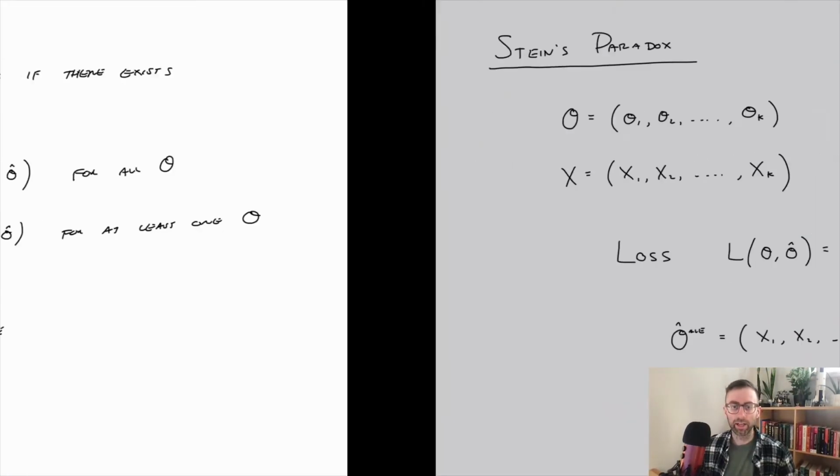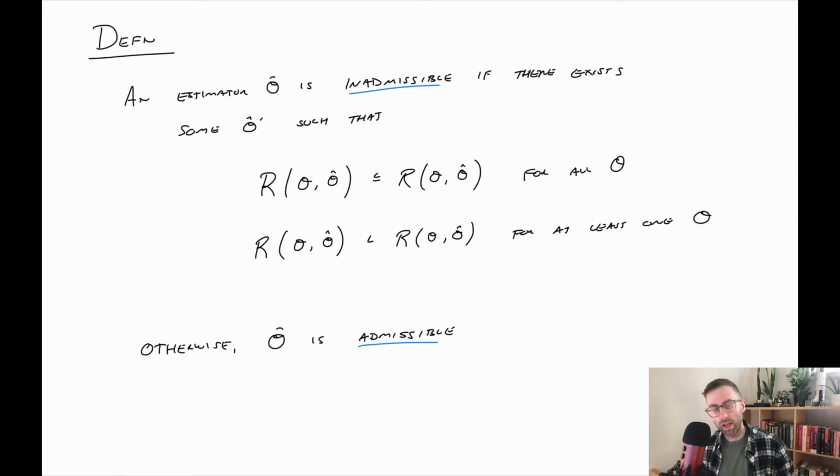But what we're defining here is this notion: we need a prime here and a prime here, else this doesn't make sense. So suppose we have some estimator theta hat, and then there's some other estimator theta hat prime.